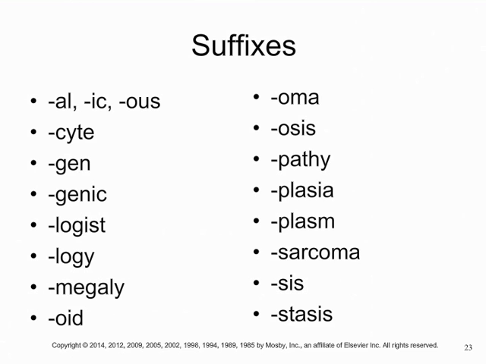Cis means a state of, so it doesn't always necessarily mean an abnormal state of. That's what osis is for, and we're going to see a few words with that. And last but not least is stasis, which means control or standing. So I think of homeostasis as a state of internal control.